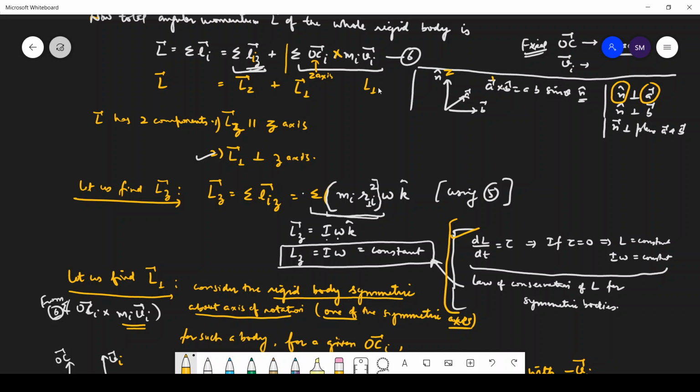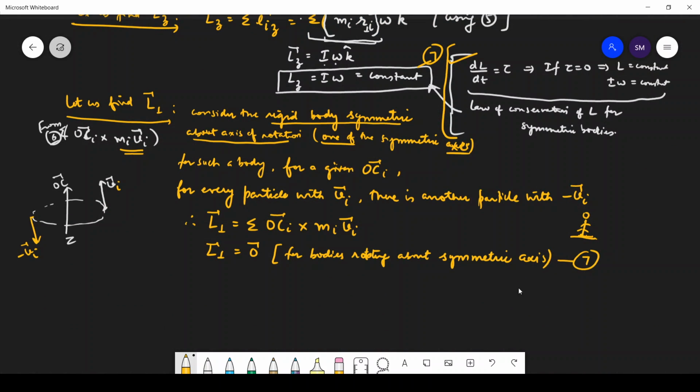So this component is 0, right? So we are left with only Lz, and that's the value I omega, right? So putting these values, this is actually equation number 7, and this we can write as equation number 8. So put 7 and 8 in 6.